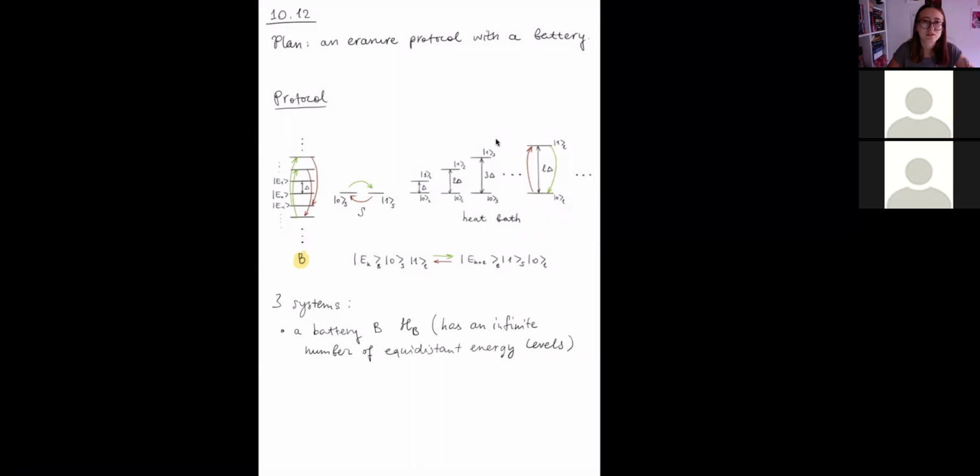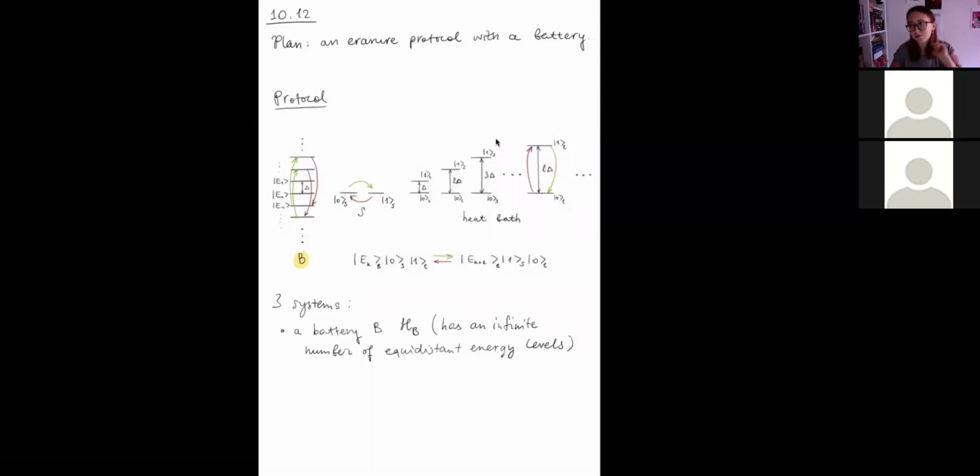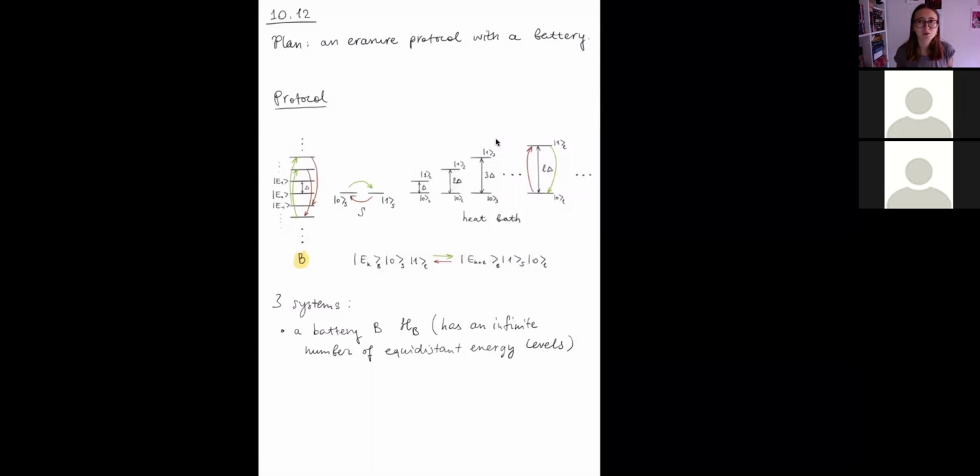Of course, this is physically an idealization, because in reality you would not have an infinite number of energy levels which are equidistant. Realistically, we would need to bound this system with some energy value, but here it doesn't matter. Actually, we will see that for this particular protocol, we will only need a finite number of energy levels of this battery.